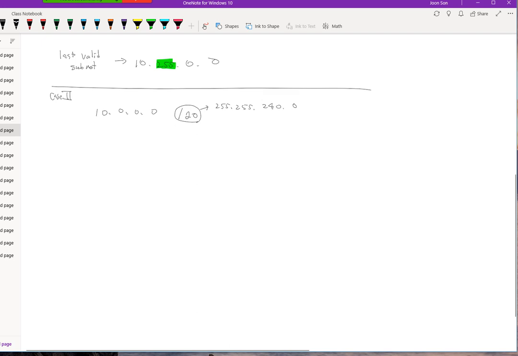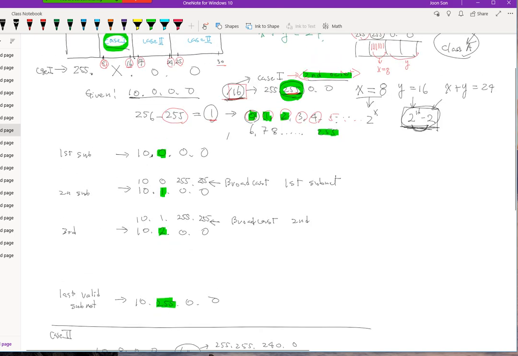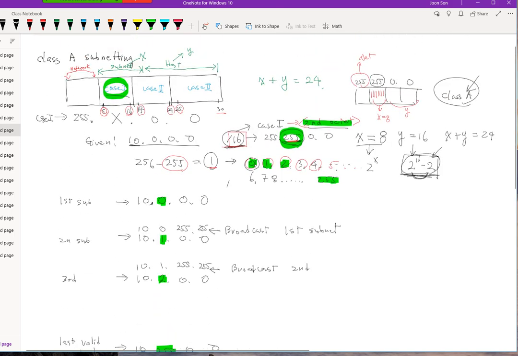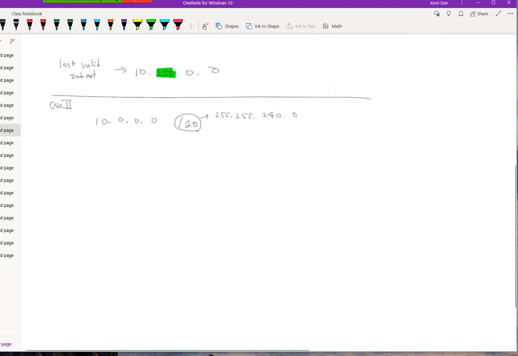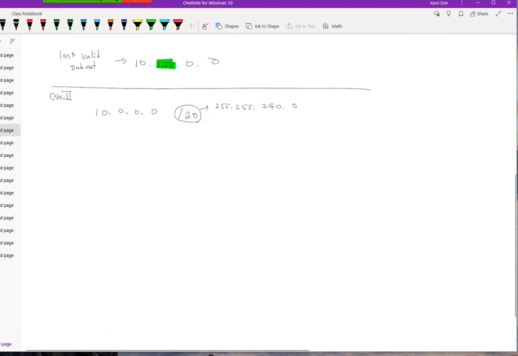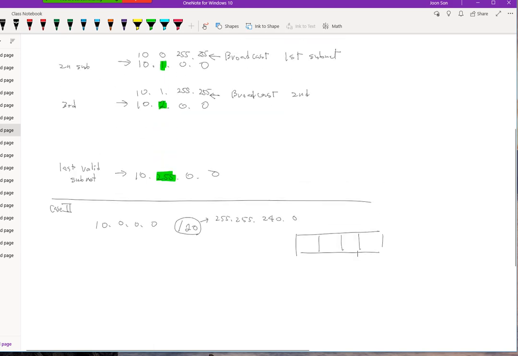Okay, so I'm going to use this blue one because we are now talking about case number 2. Let me just go back to the previous case.